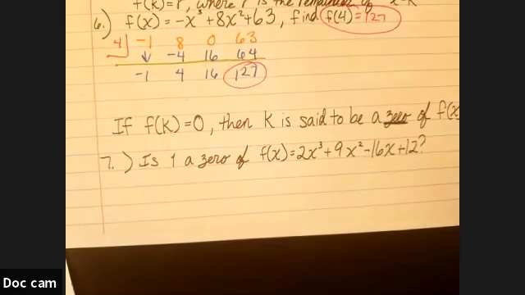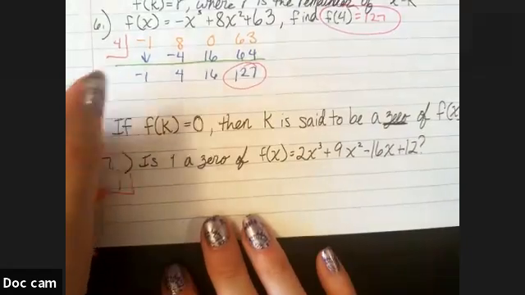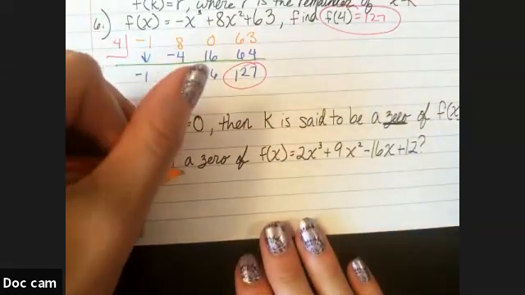All right, so if f of k equals 0, then k is said to be a 0 of f of x. So is 1 a 0 of this f of x? To determine that, we'll just do our synthetic division, putting 1 in the box, and we just want to see if our remainder is going to be 0 or not.